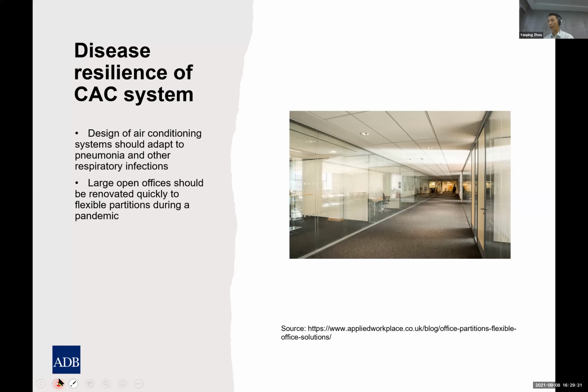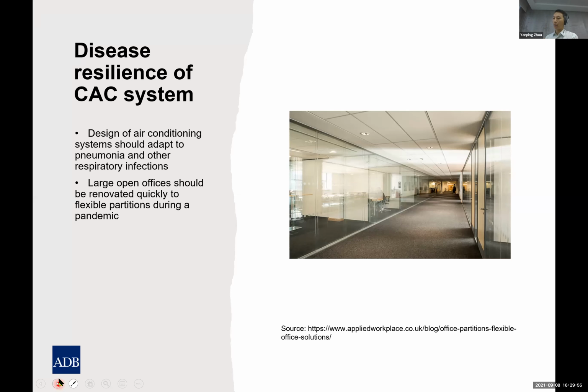We have to consider this concept and make our buildings adapt to pneumonia and other respiratory infections like COVID-19, so that the mechanical system can quickly be adapted to new situations.